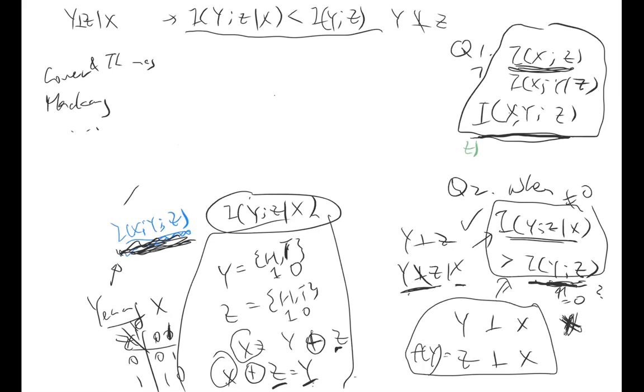So for example, then the mutual information of Y and Z given X will be 0.